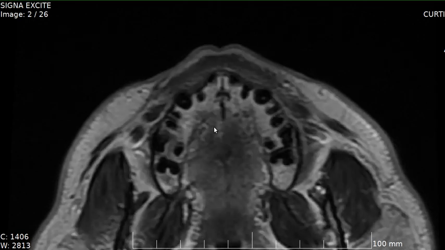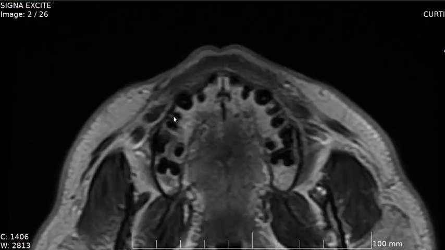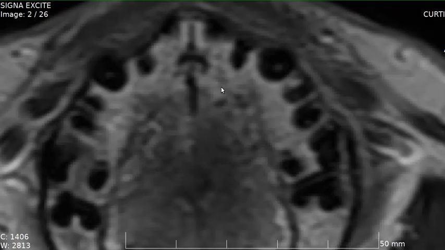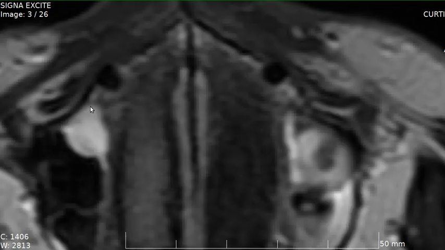So we're going up, and right here you can see a little white trail here coming from that tooth, and as we go one more, there it is, and it forms this white mass of infection or whatever, and it comes here and it goes up over the top of whatever this is. I'm not sure what that is, but it looks like it's going over the top of it. We just can't see it.